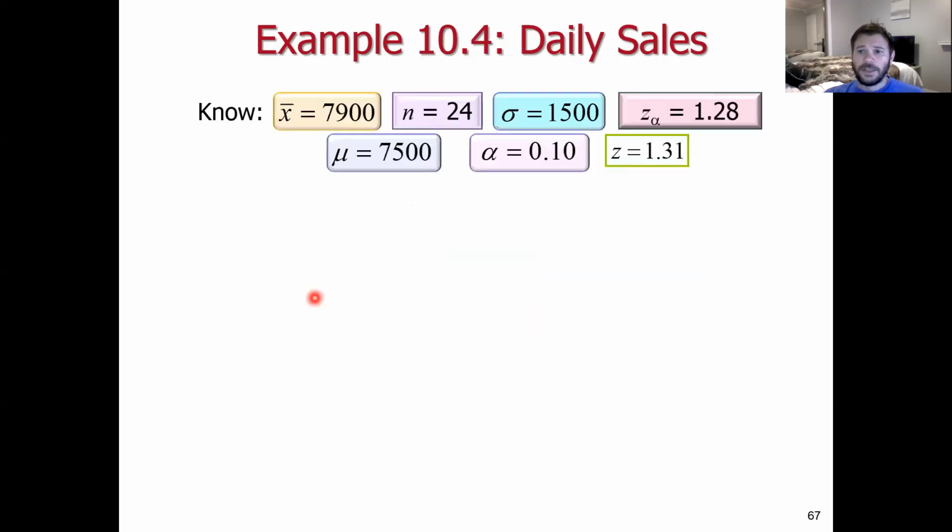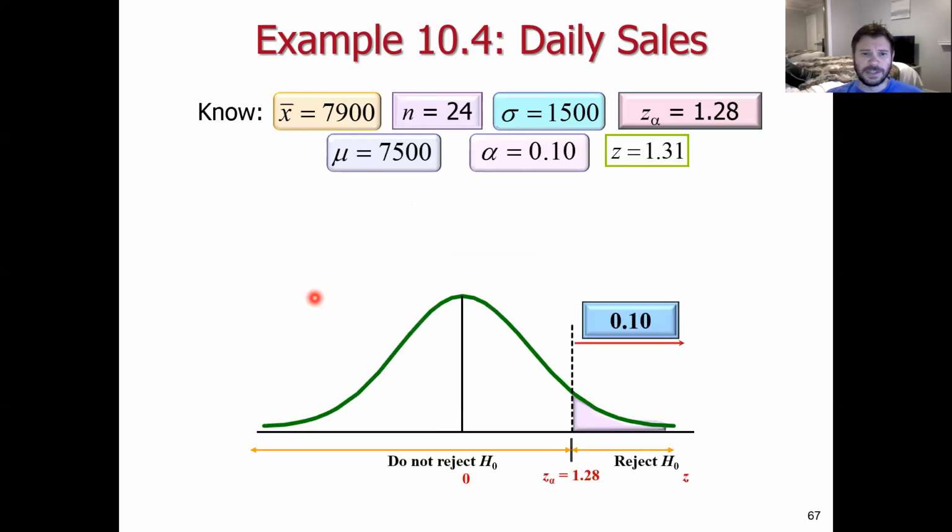Okay, so the approach we had taken before under the critical value specification is we use this level of significance to define this particular threshold value of Z. Now, the critical value approach required a specific Z threshold be calculated, and then we would compare our test statistic relative to that particular value.